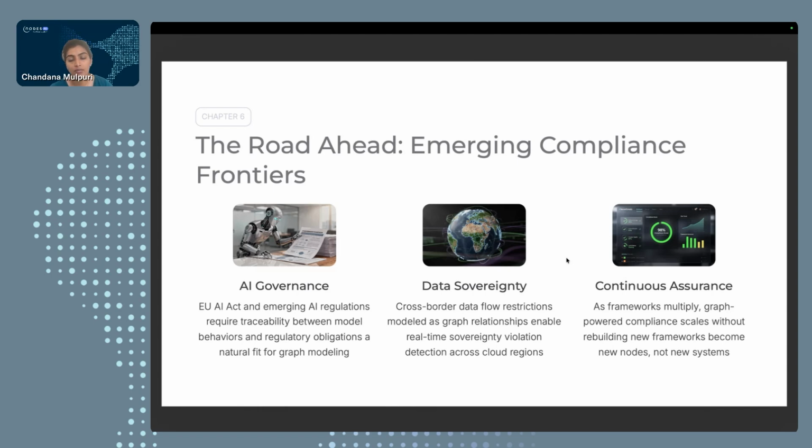Continuous assurance: as frameworks multiply, graph-powered compliance scales without rebuilding. New frameworks become new models, not new systems, which helps avoid creating duplicate systems.